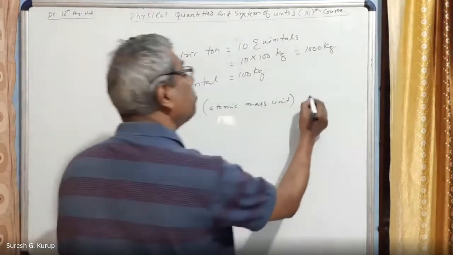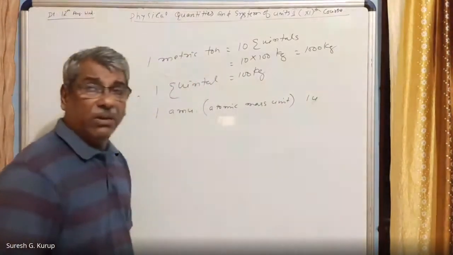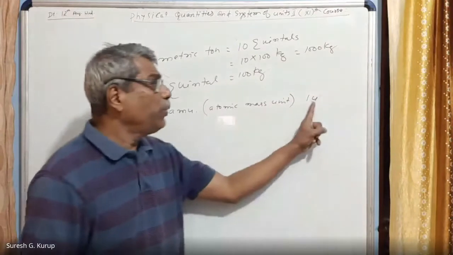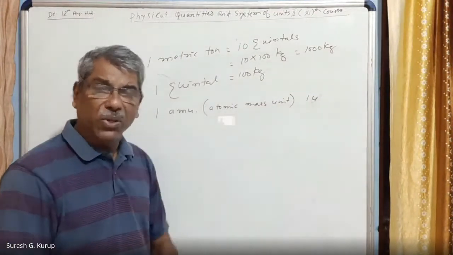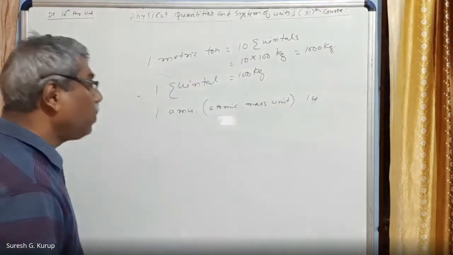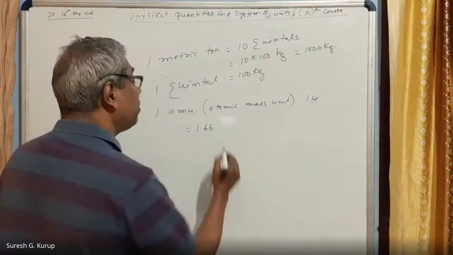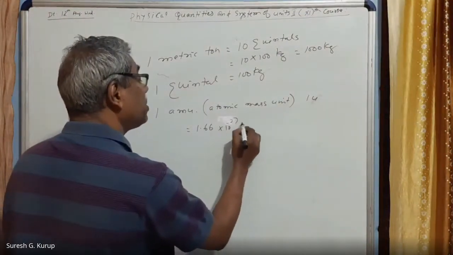Sometimes it is denoted simply by U. When I write one U, it is one atomic mass unit. One atomic mass unit is equal to 1.66 into 10 raised to minus 27 kg.